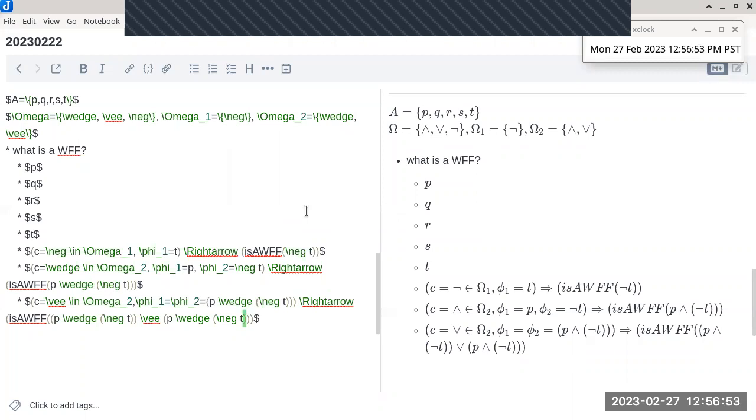It's a well-formed formula. I think that's because I closed one. No, that needs to be closed there. So I need an extra open here, maybe. I think you guys get the idea.